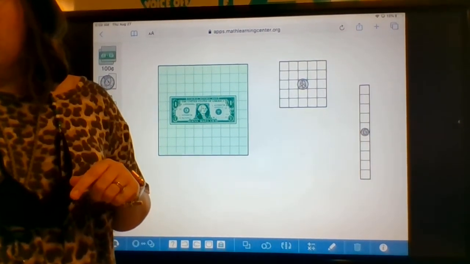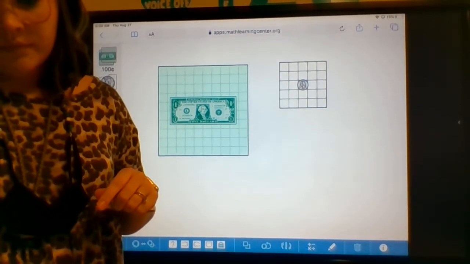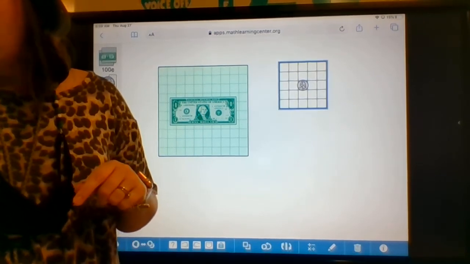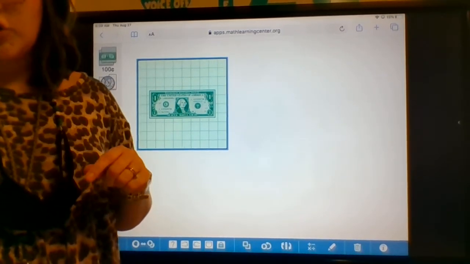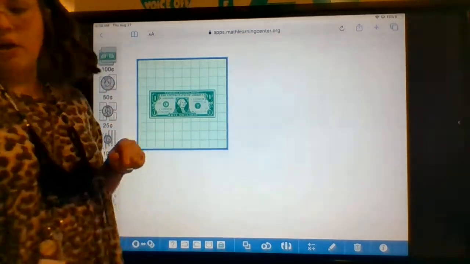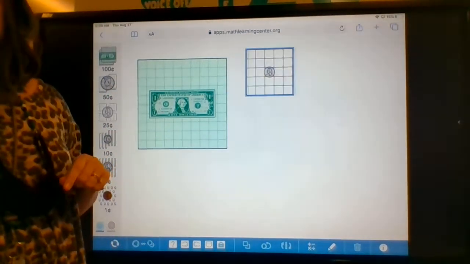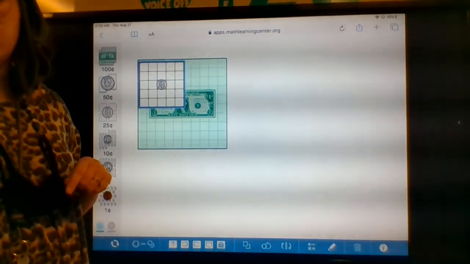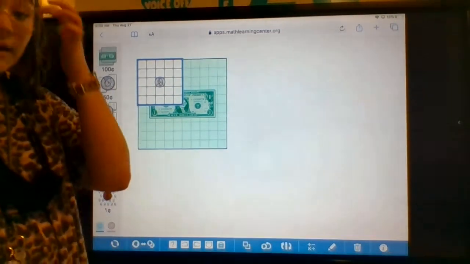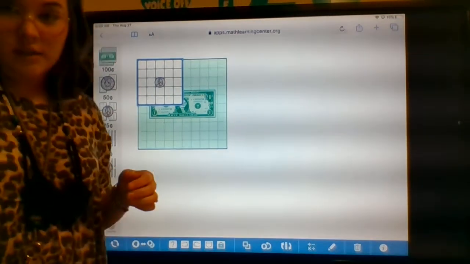So let's get these off the board. So if I look at $1, how many quarters would fit into $1? Do you guys know?